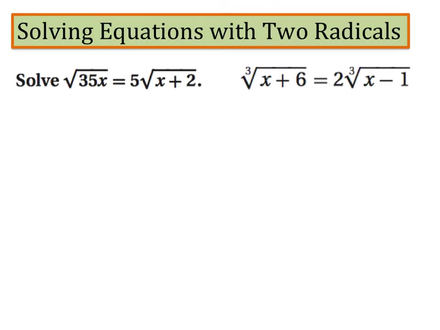Now let's work on solving equations with two radicals. So for our first problem, we have the square root of 35x equals 5 times the square root of x plus 2. So the initial idea is the same. We're still trying to isolate x. But it's an equation, so what we do to one side, we have to do to the other side.